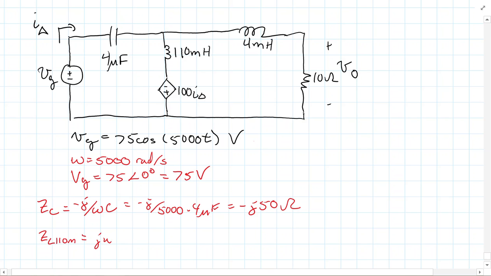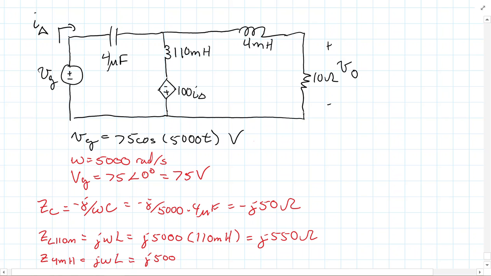So this, of course, is just j omega L, which is j 5,000 times 110 millihenries, which gets me j 550 ohm. And then we have the impedance of the 4 millihenry inductor, which of course is still just j omega L, which is j 5,000 times 4 millihenries, which gets me j 20 ohms.